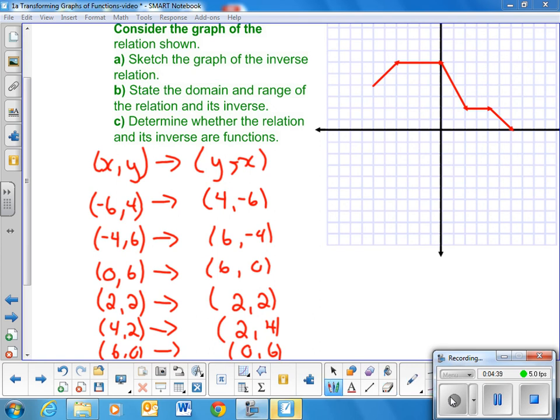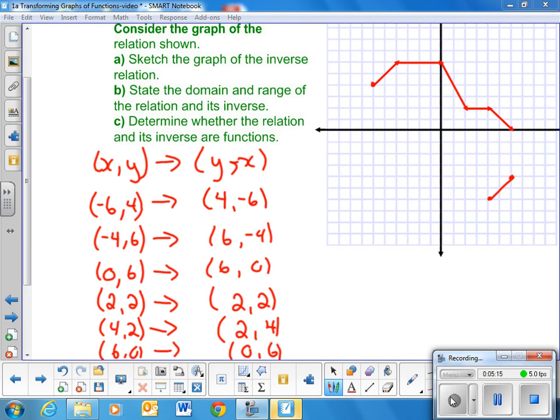Here we go. So (4, -6) is the reflection of this point. Then we have (6, -4). This one, I didn't count right, should be down one more. There we go. So there's the reflection of that first piece.